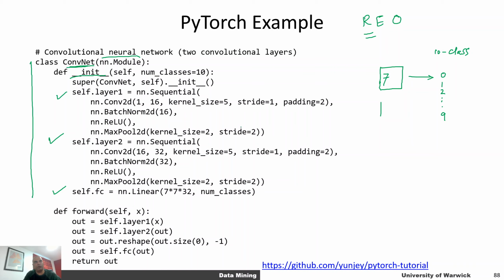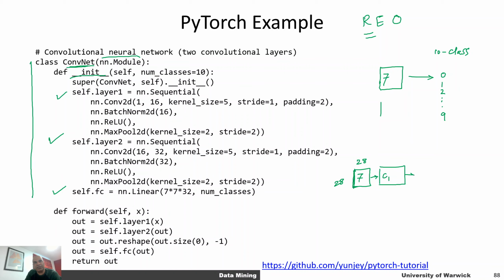Let me walk you through what this neural network is going to look like. It's going to take an input image of a certain size, which is, I think, 28 by 28 in our case. That input image is going to go to the first convolution block, and I'm going to talk about what that convolution block is.